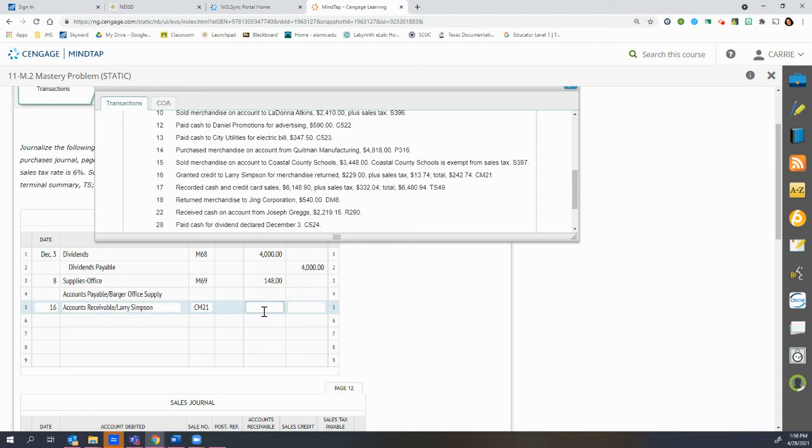CM21, and it is going to be for, I feel like I'm doing this one wrong. I am doing this one wrong. It's sales returns and allowances.